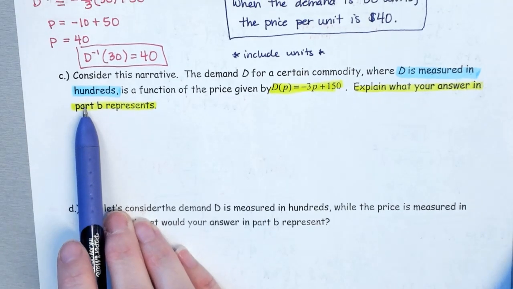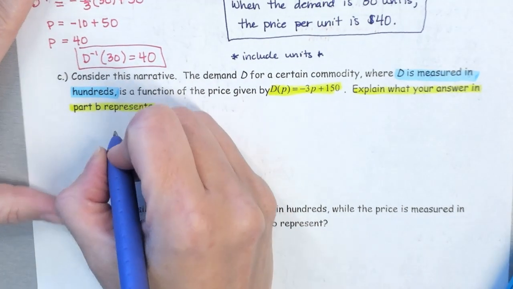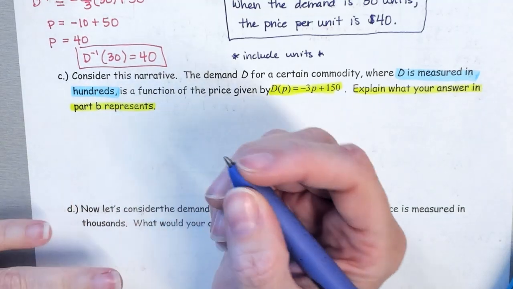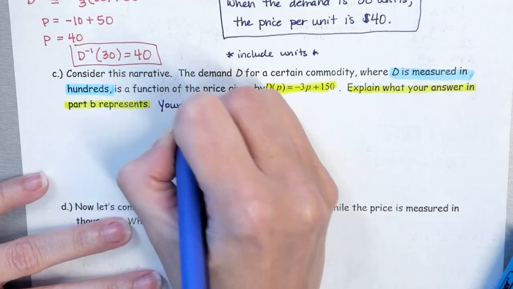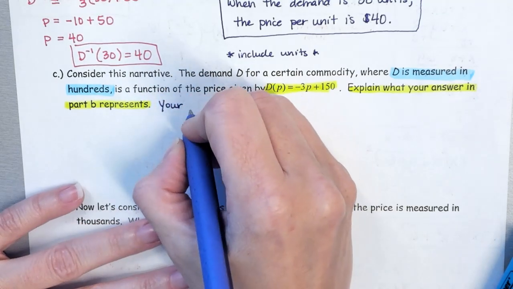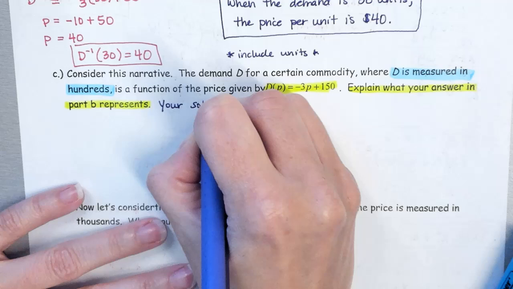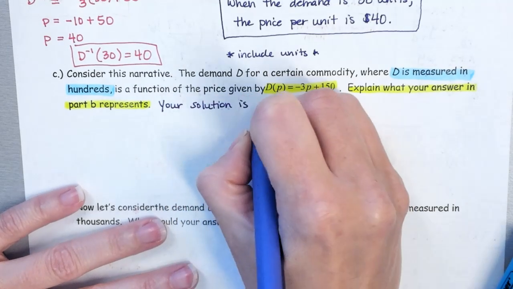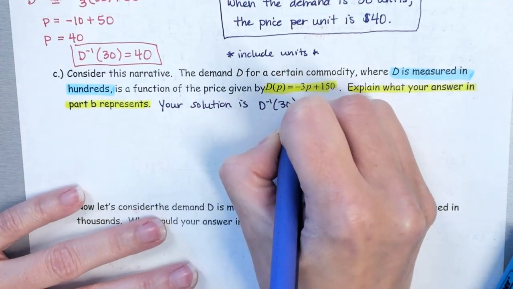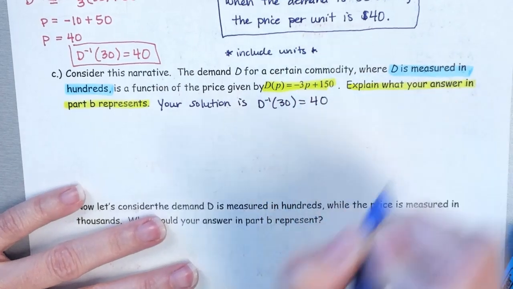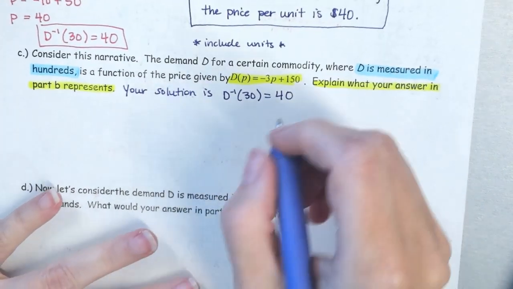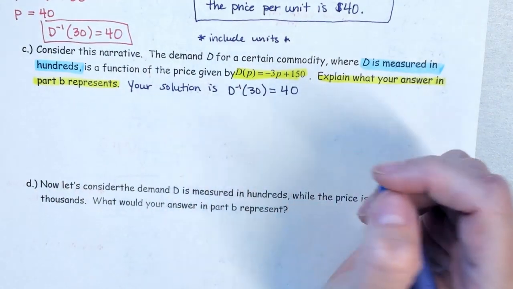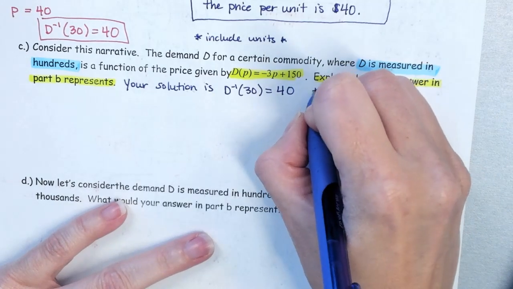So for this situation, your output is still going to be the inverse of 30 is equal to 40. Okay, so that means the input for your calculation stays the same.